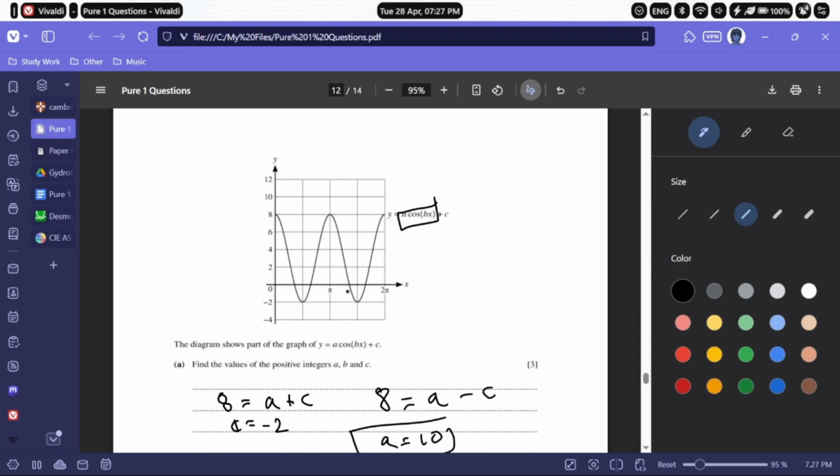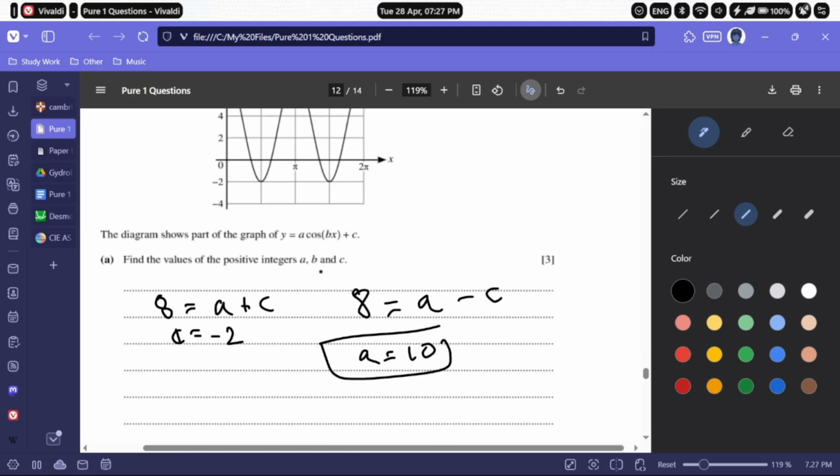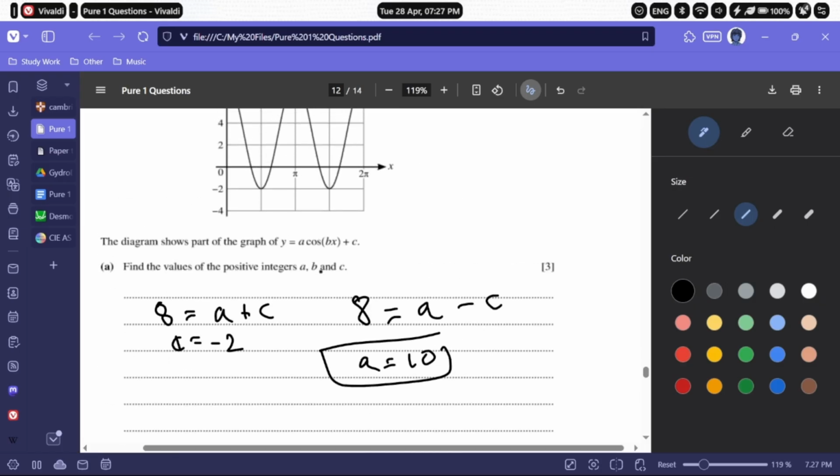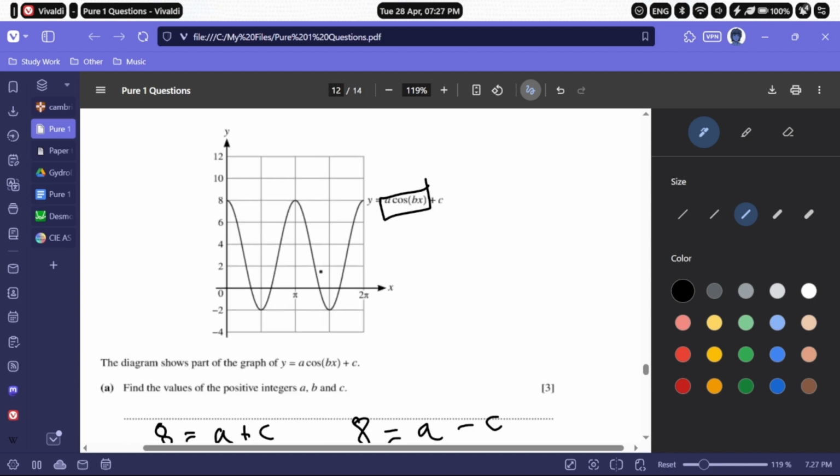Hold on. I think I may have messed up too. Basically, at x equal to 0, y is 8, right? So you can make the equation y is equal to a cos 0 plus c. And cos 0 is basically 1, right? If you look at the original cos x graph.